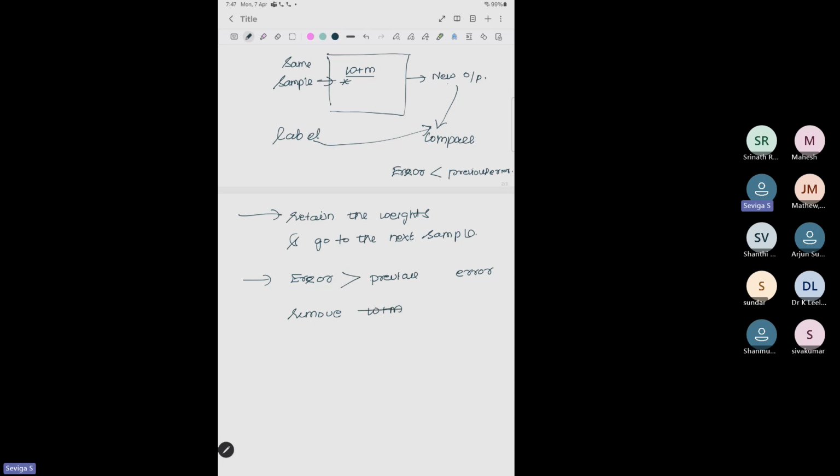So we will undo the changes and go back to the previous weight, and then add another small random number. And then compute the output again.